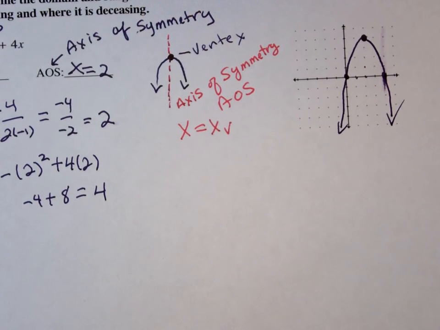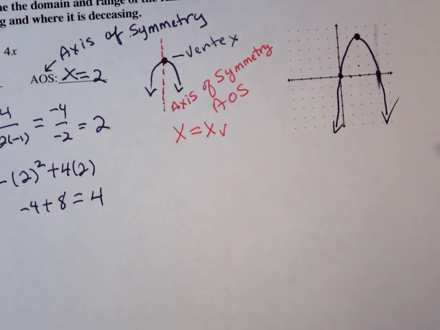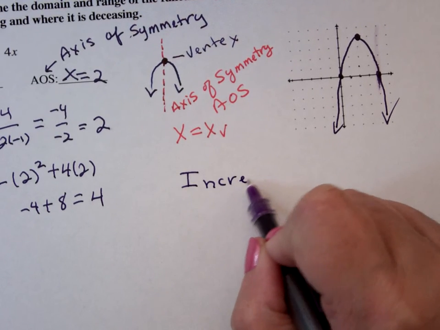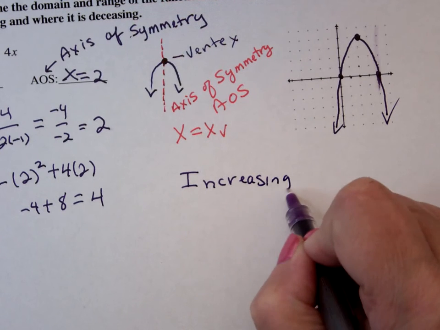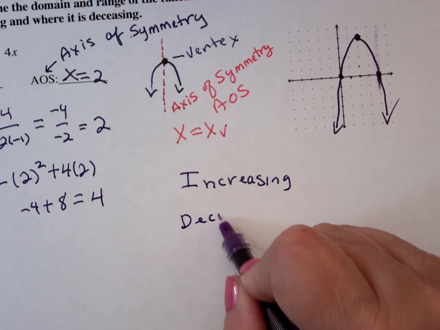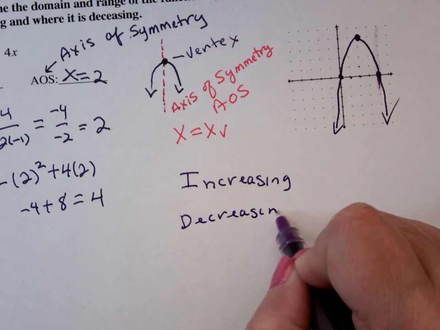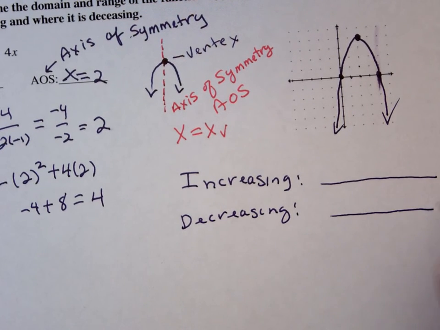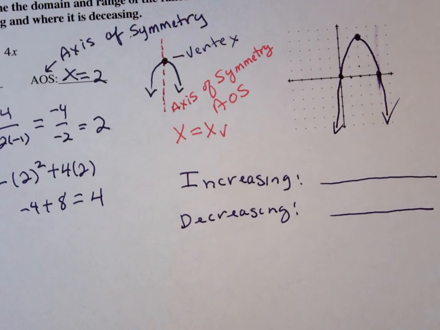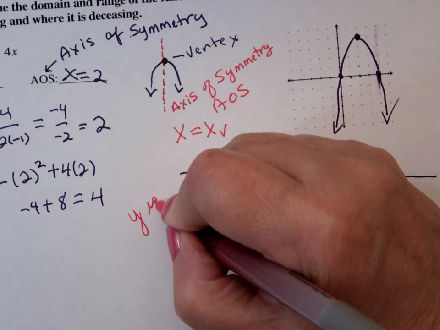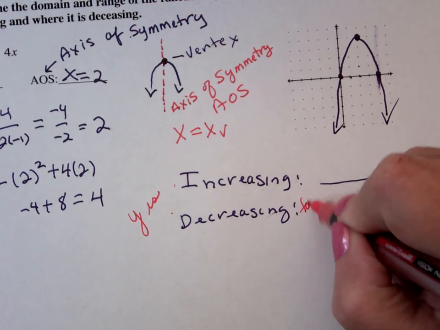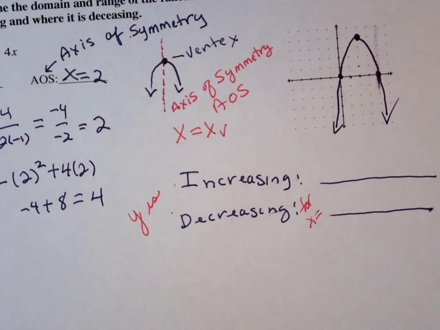Now I'm going to kind of move the bottom of the page up. It wants to know essentially increasing, decreasing. What that means, if you remember or not, y is increasing, and this is for x equal.